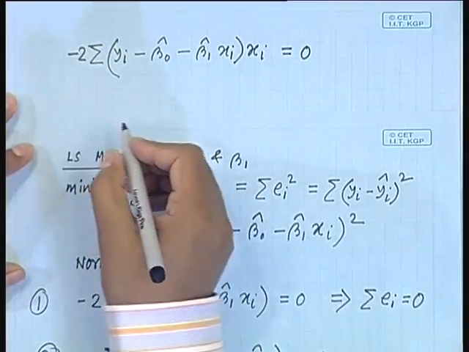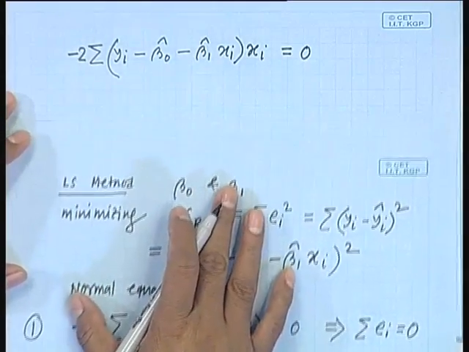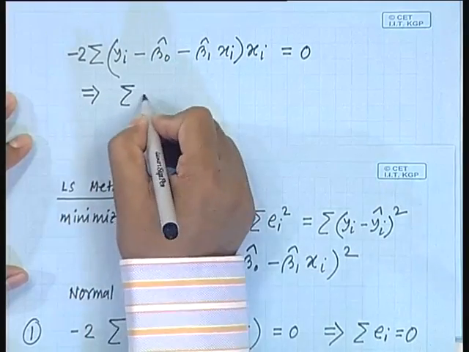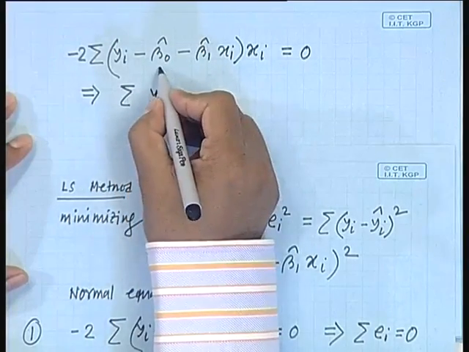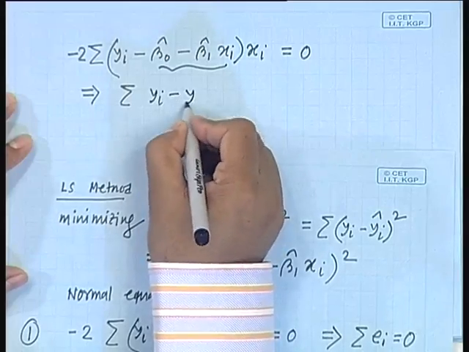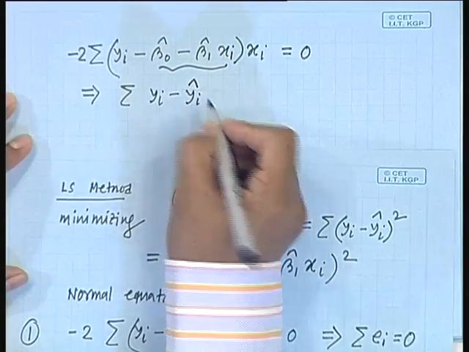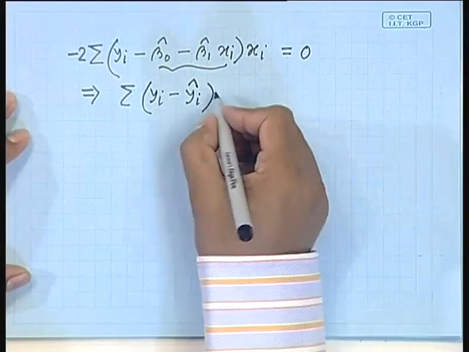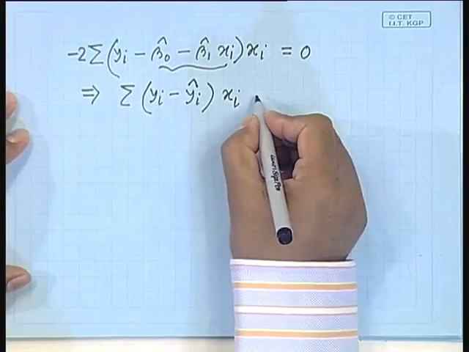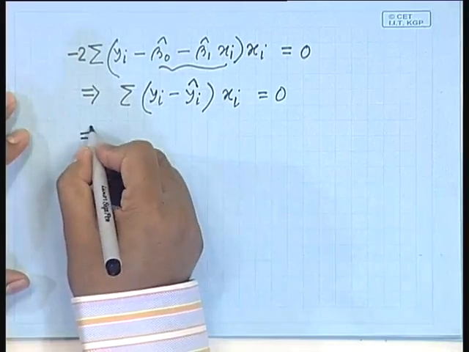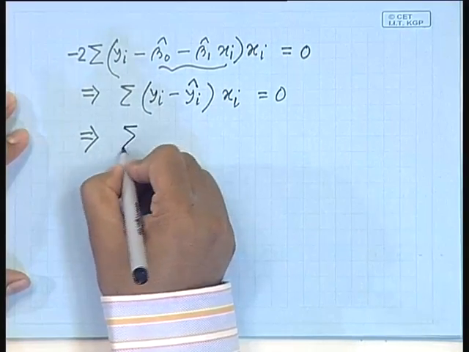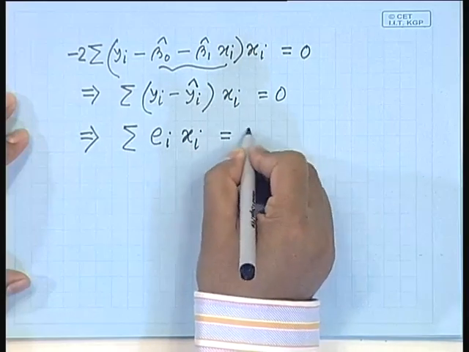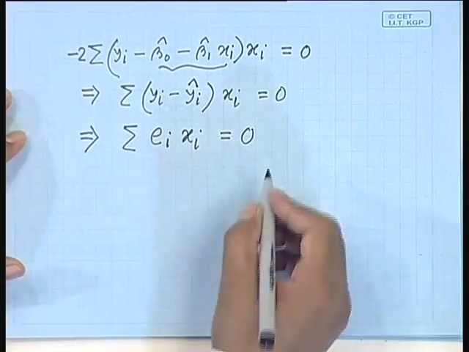This is the second normal equation, and this is nothing but summation yi minus yi hat, into xi equal to 0, which implies summation ei xi equal to 0, which is the third property.